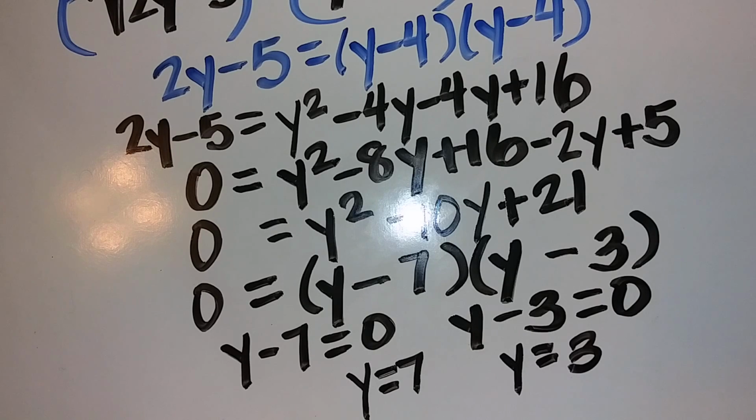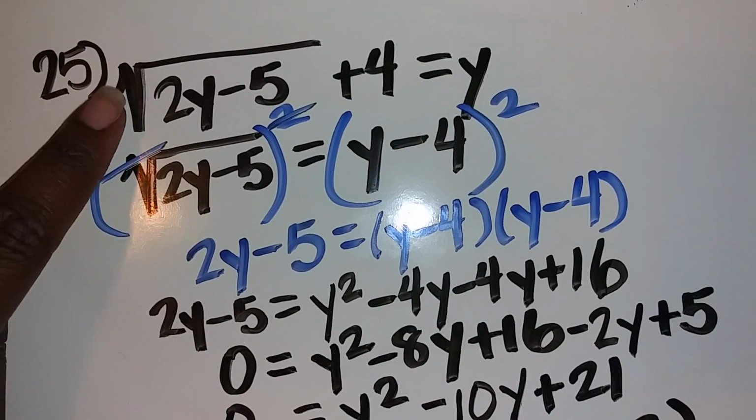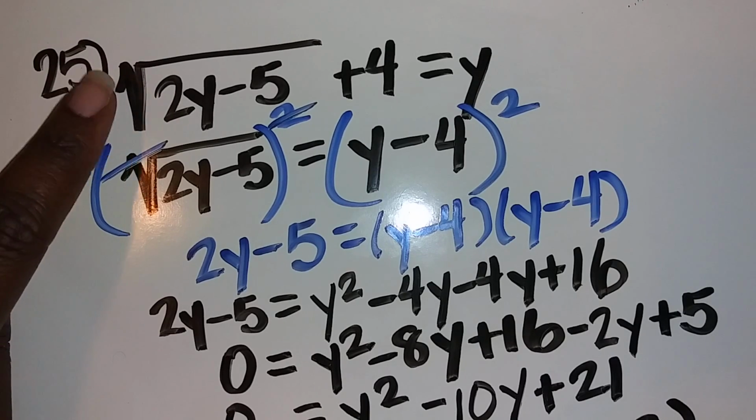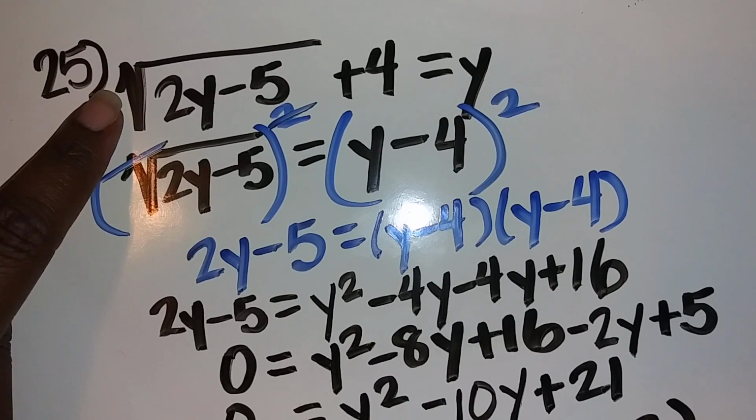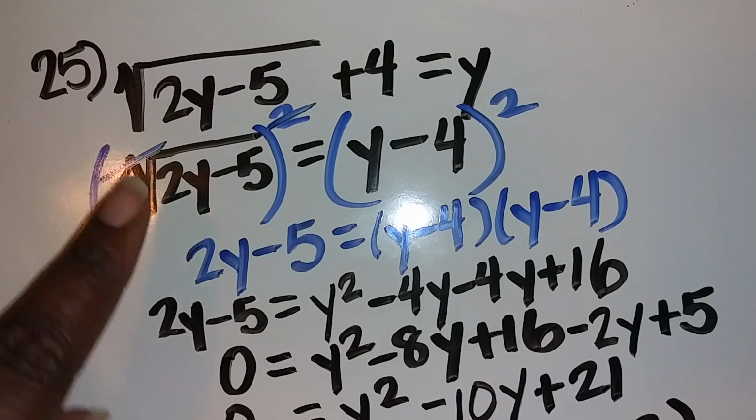Or you may have a case where only one answer may be extraneous. But again, when you're dealing with radicals, you see a square root, cube root, fourth root, you do want to check those solutions to make sure that they are the solution to this problem.